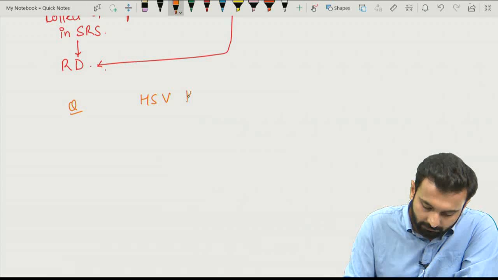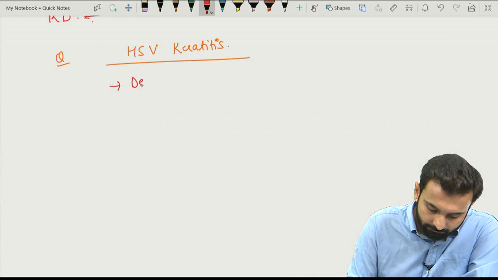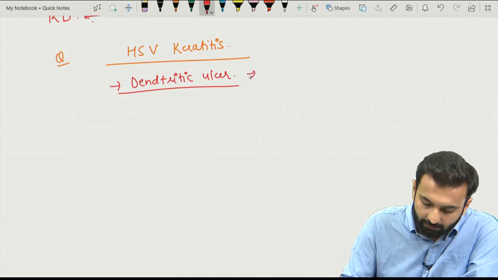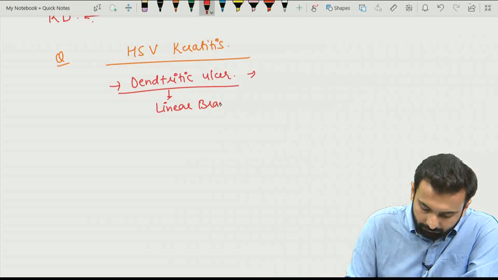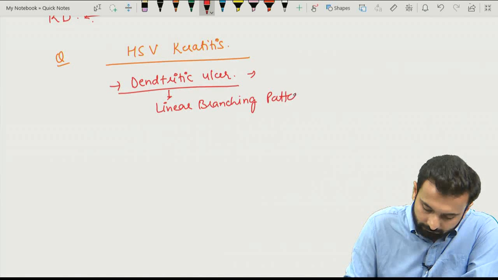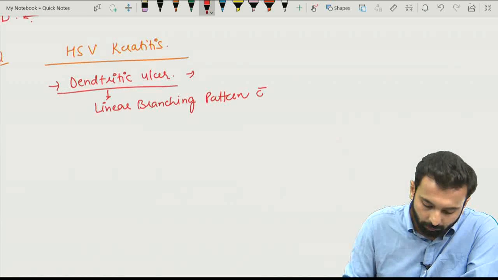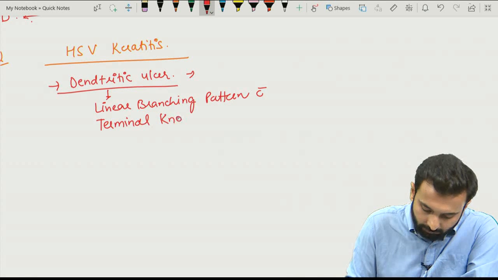Herpes simplex virus keratitis. We can see dendritic ulcers here. In this image you can appreciate dendritic ulcers, which have a linear branching pattern with terminal knobs or terminal buds.